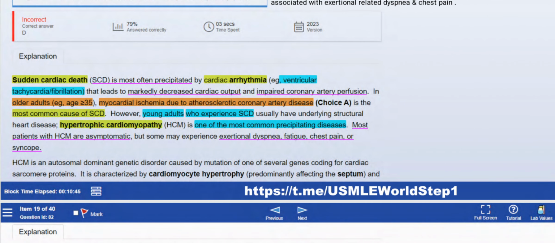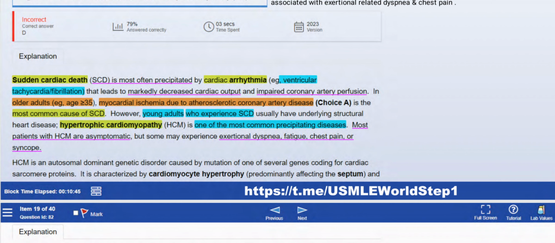Sudden cardiac death is most often precipitated by cardiac arrhythmia, for example, ventricular tachycardia and fibrillation, markedly decreased cardiac output, or impaired coronary artery perfusion. In older adults, age 35 or greater, myocardial ischemia due to atherosclerotic coronary artery disease is the most common cause of death.